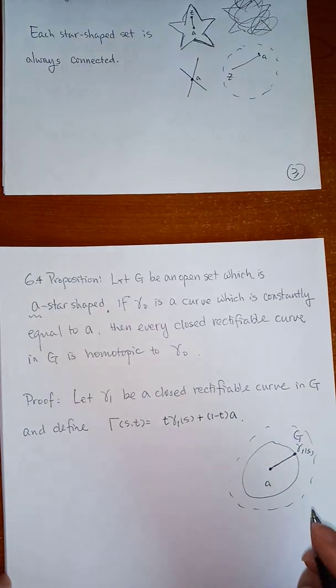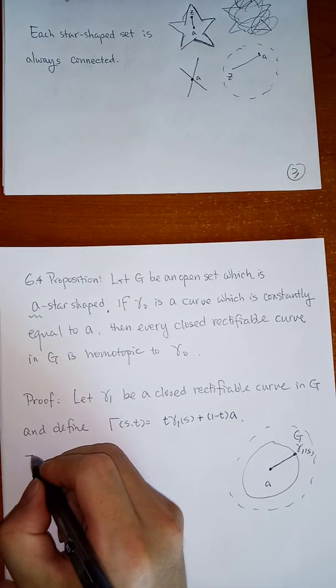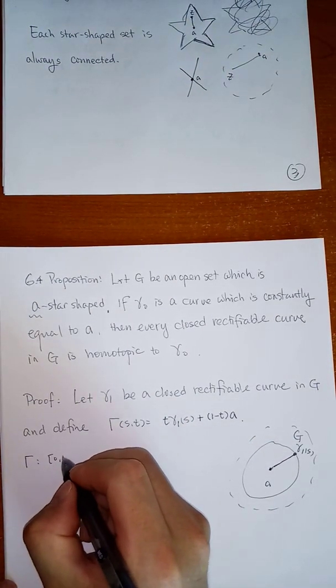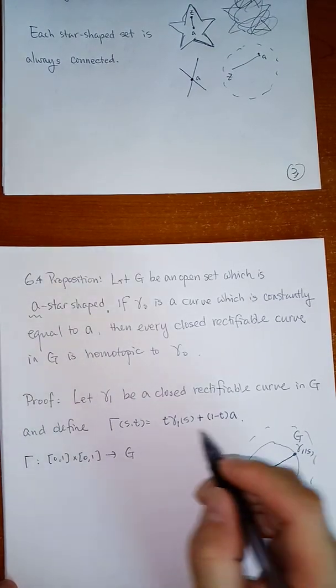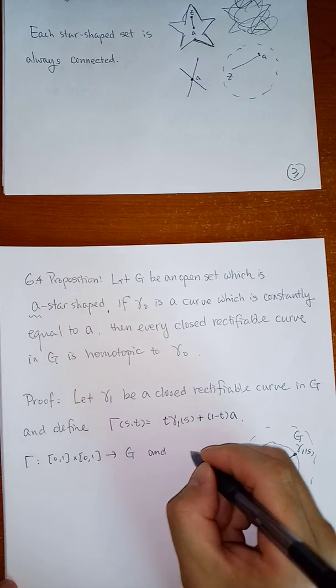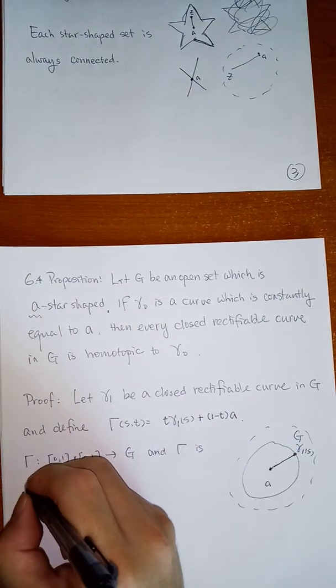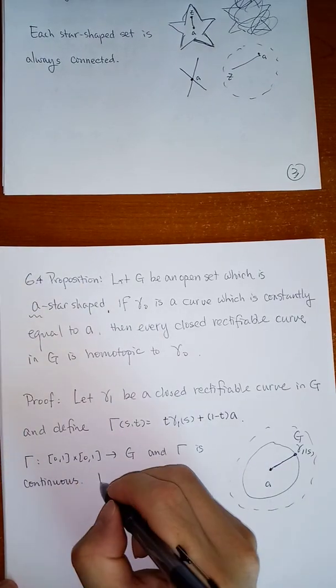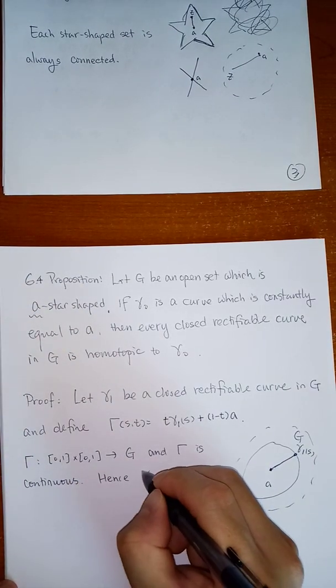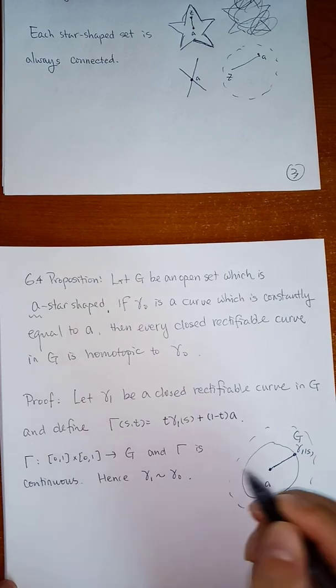Okay, so gamma is from [0,1] cross [0,1] to G, and gamma is continuous. Hence, gamma 1 is homotopic to gamma 0.